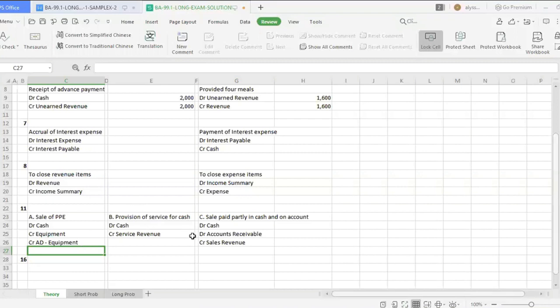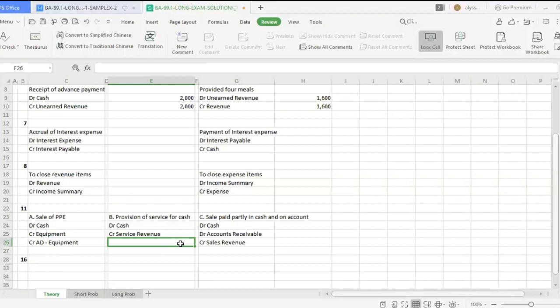The second scenario is that you receive cash because you rendered service. So you debit cash and then you credit service revenue. The third scenario is that you sell and receive cash and accounts receivable, or on account. So there is an increase in cash, so you debit cash, debit accounts receivable, then credit sales revenue.